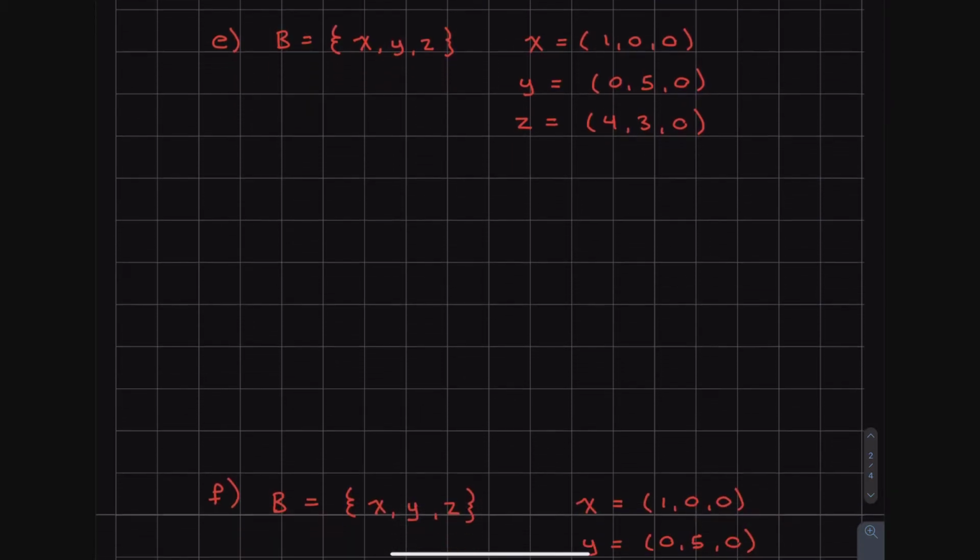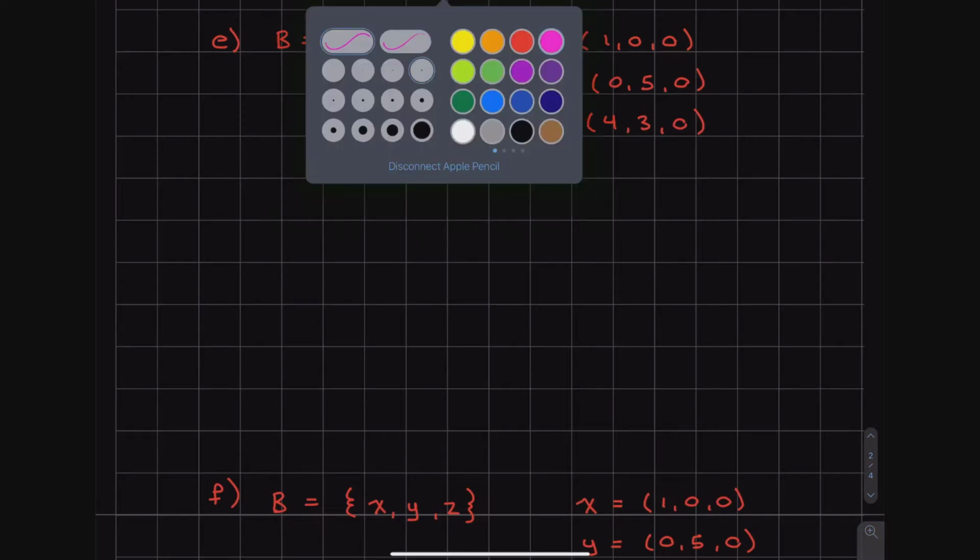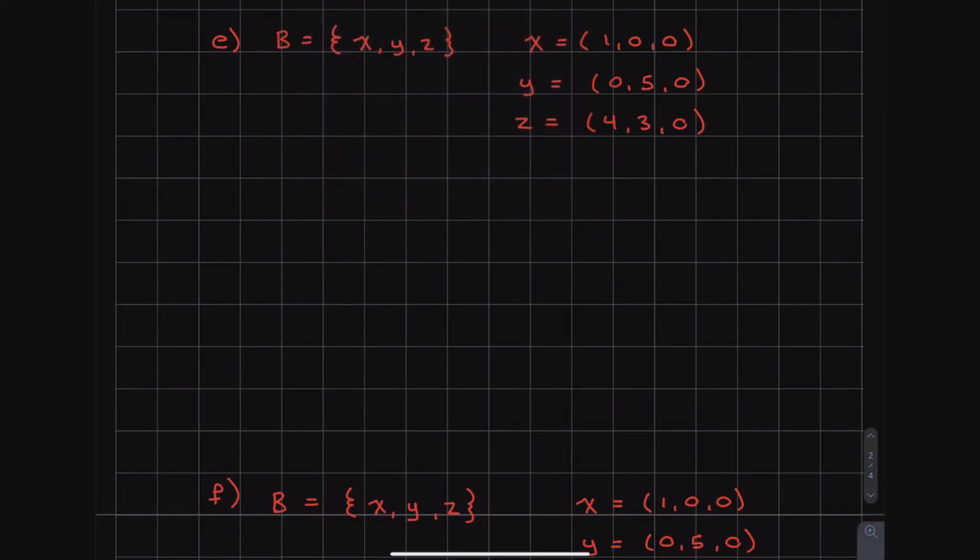Moving on to E, things start to get a little bit more interesting. The reason is that the vectors now have 3 components. They're not just 2 components like the last ones. However, the same procedure still applies. We write down the linear combination.